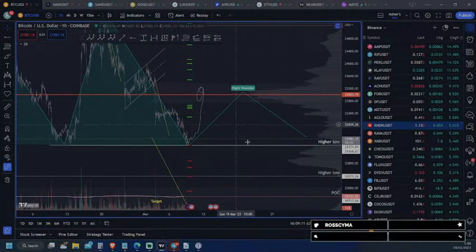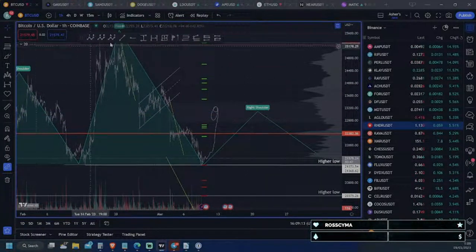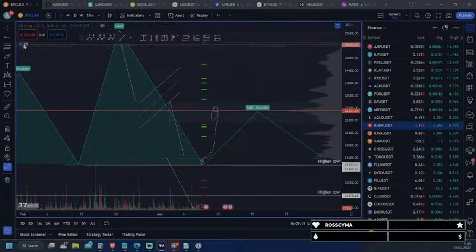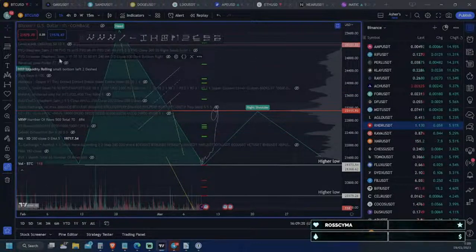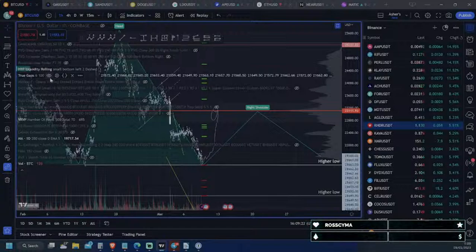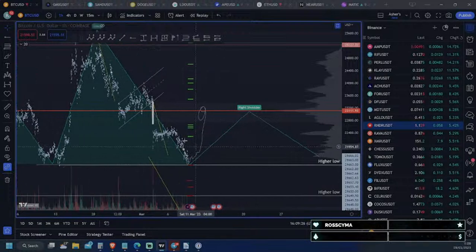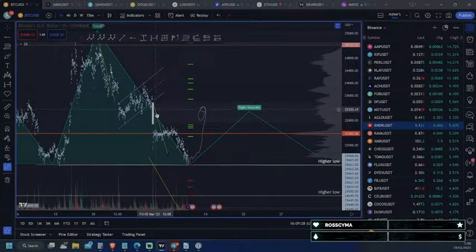So let me show you an interesting indicator. I'm actually going to turn off the candles here, and we're going to put on our true gaps. This shows us the gaps across all the different exchanges, and we can see we have this massive gap from here to here.